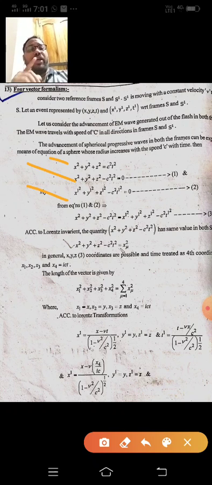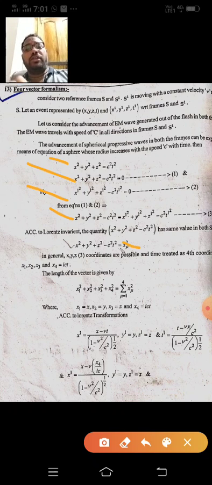Because of the invariance of physical properties, by using the first postulate of the special theory of relativity, that is x square plus y square plus z square minus c square t square equals x dash square plus y dash square plus z dash square minus c square t dash square. According to the Lagrange invariant, the quantity has the same value in both: x square plus y square plus z square minus c square t square equals x mu square.